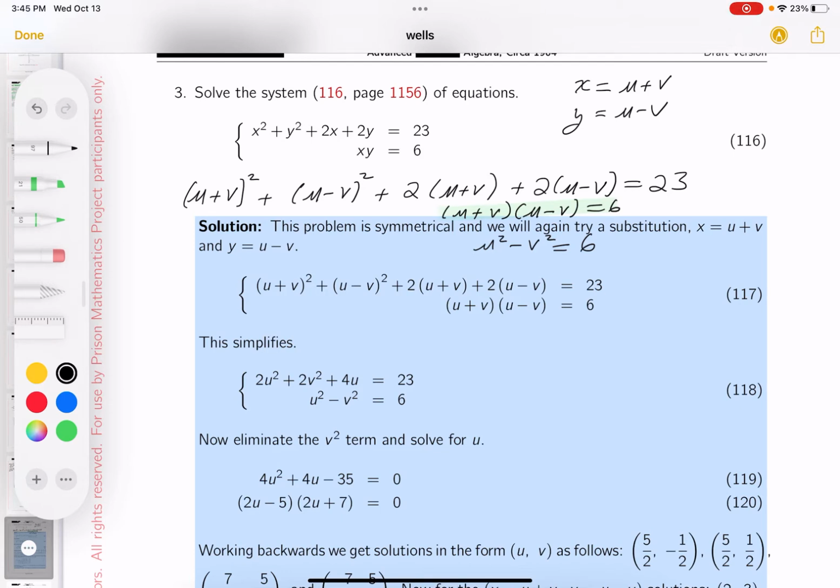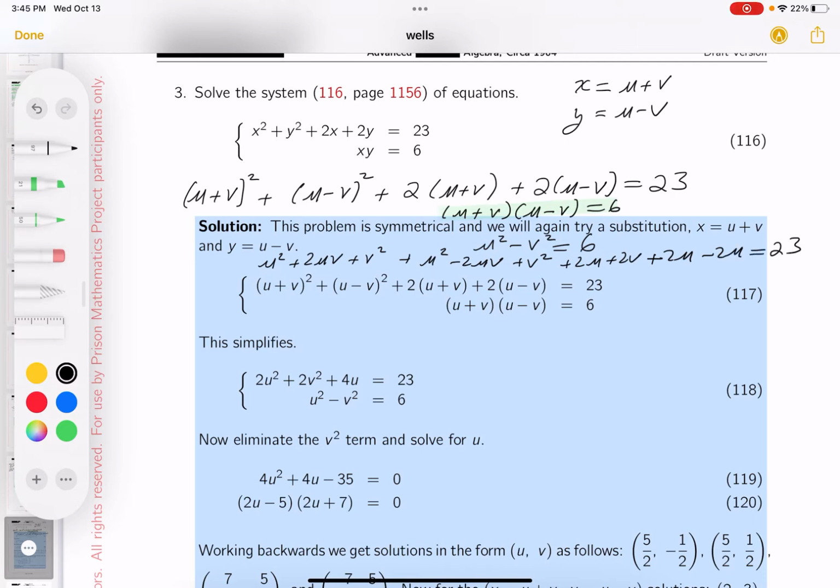Now let me do the other one. Much more work, by the way. It's u squared plus 2uv plus v squared plus u squared minus 2uv plus v squared plus 2u plus 2v plus 2u, whoops, minus 2v equals 23.